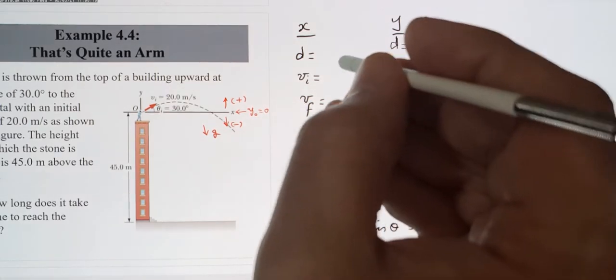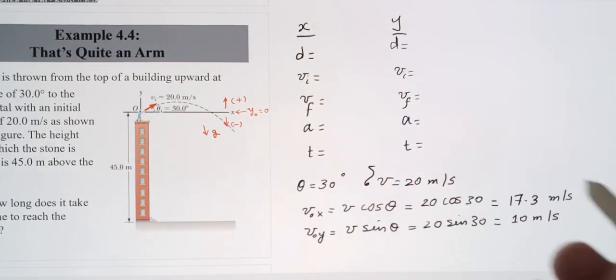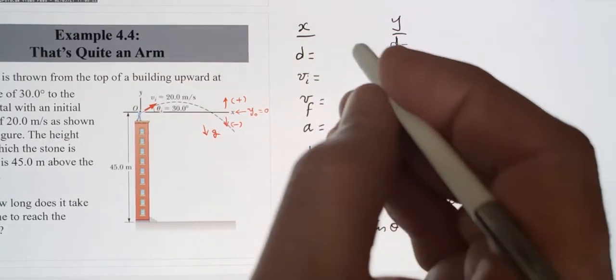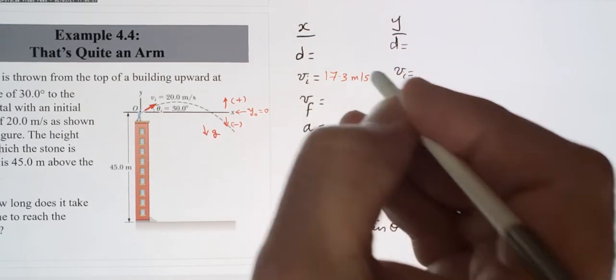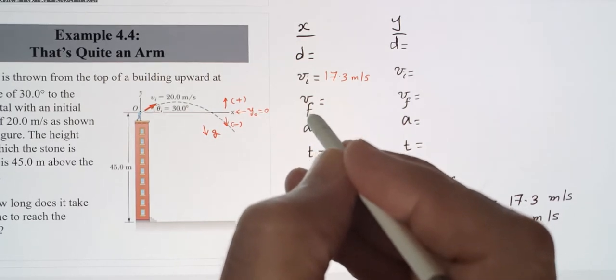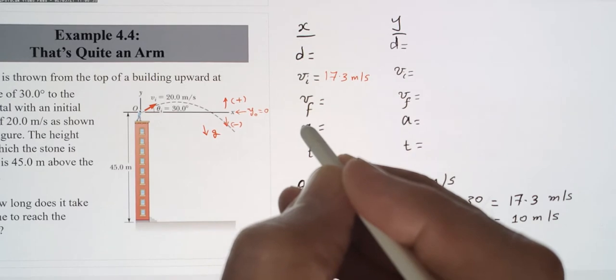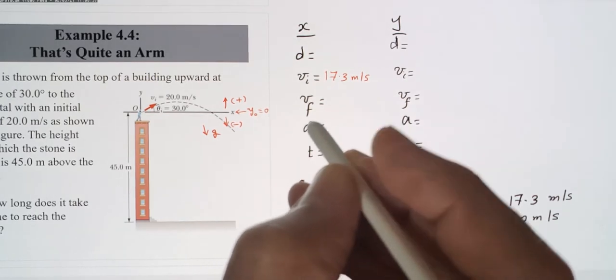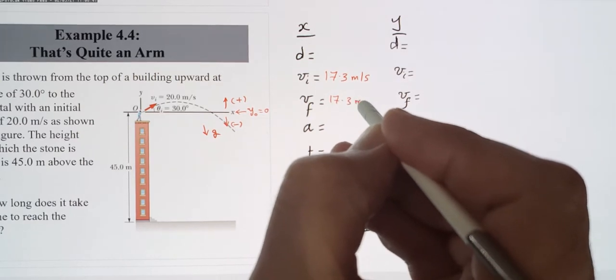So let's try to fill in this information. V initial in the x-axis is 17.3 meters per second. V final in the x-axis is also 17.3 meters per second.